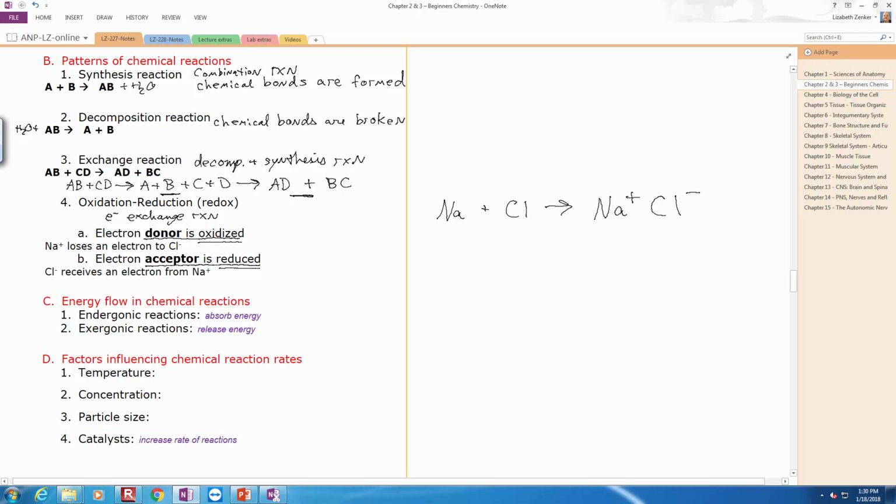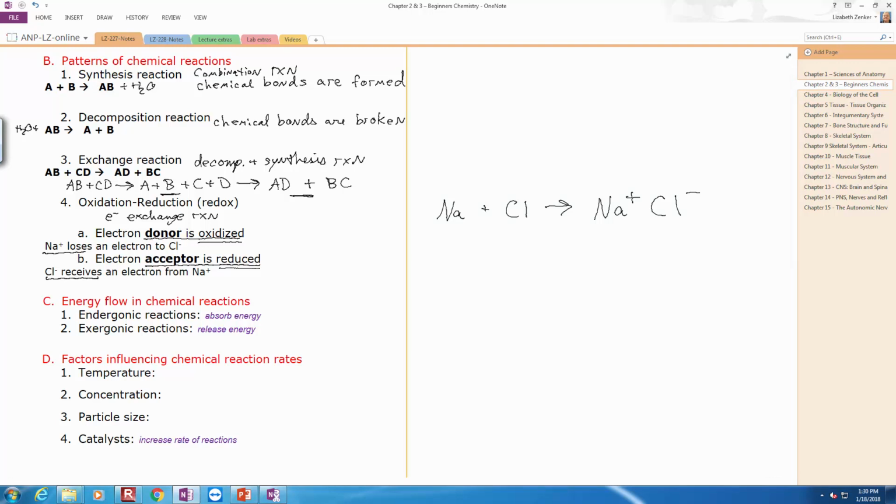Cl stole his electron, so he became more negative. So if you're the one that lost the electron, it means you were oxidized. So if sodium lost an electron to chloride, it means sodium was oxidized. And if Cl was the one that received the electron, it means Cl was reduced.